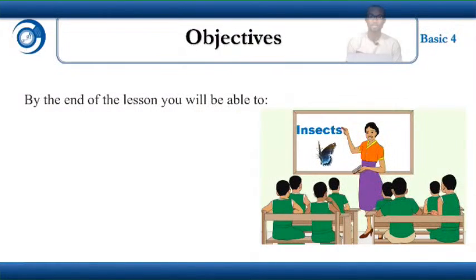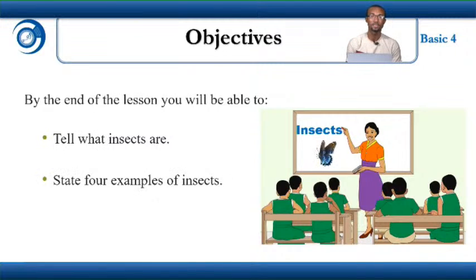Let's look at our objectives for today's lesson. By the end of the lesson, you will be able to: 1. Tell what insects are. 2. State 4 examples of insects. 3.